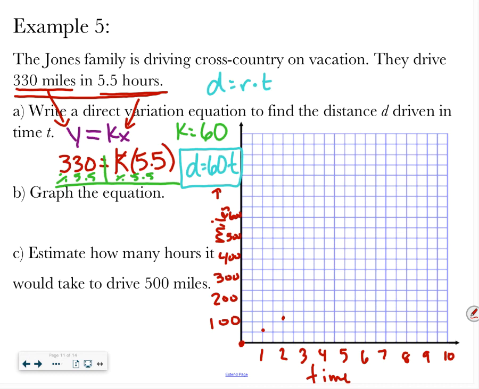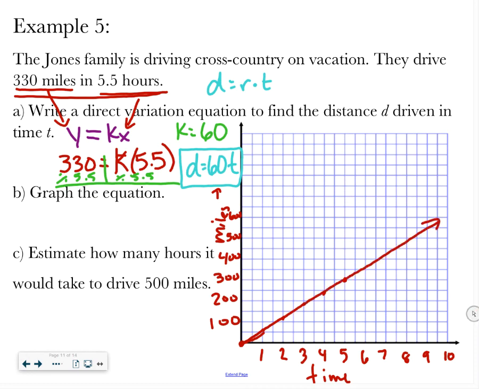And 3 would be 180. 4 would be 240. 5 would end up being 300. Okay, and I now have a nice number of points that I can go ahead and graph.